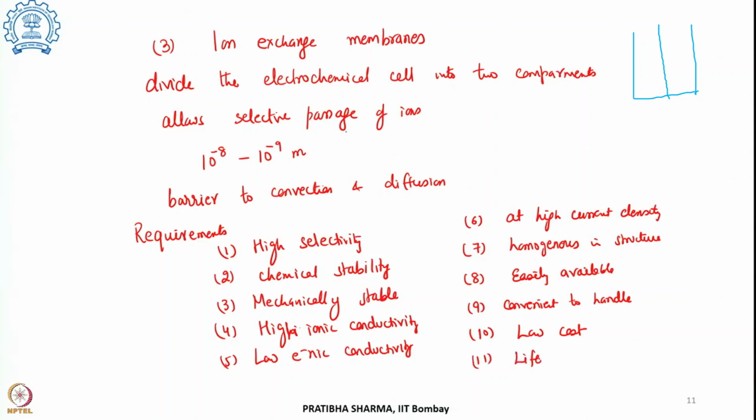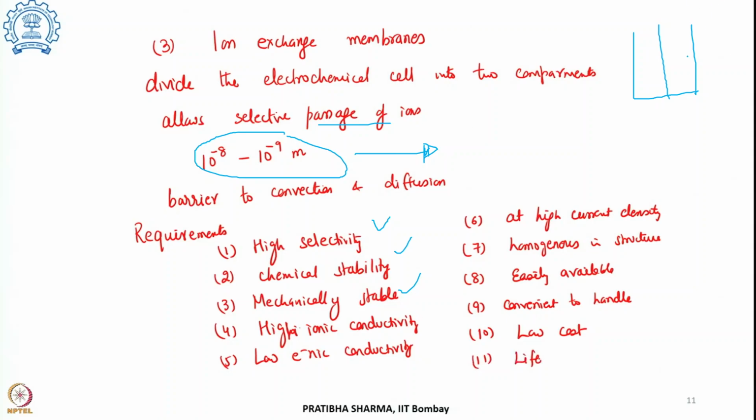Sometimes this allows selectively. The passage size, or pore diameter, is 10 to the power minus 8 to 10 to the power minus 9, but sometimes it is called a non-porous separator, meaning there is no porosity. The requirements are high selectivity, high chemical stability, high mechanical stability, and high ionic conductivity.